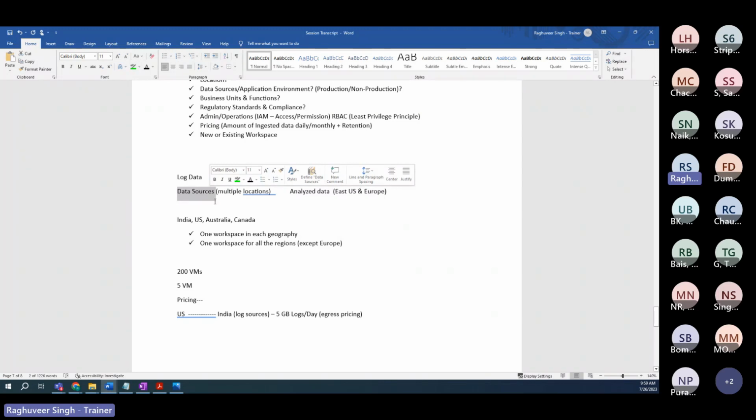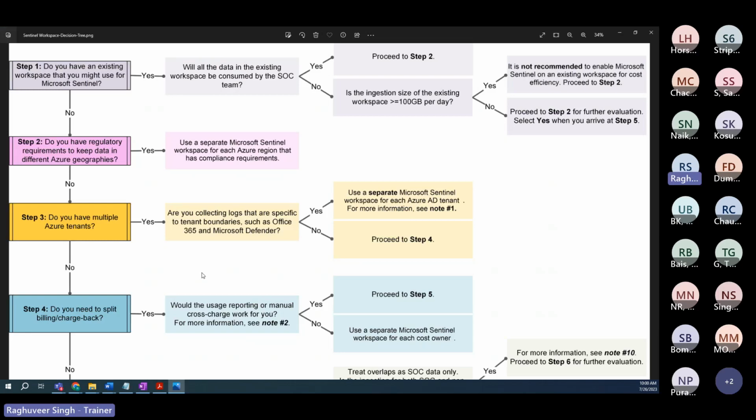So you need to keep that in mind. This is another decision that you need to take into consideration. So yes, if you are using a separate workspace for each Azure region that has compliance requirement, take into consideration the pricing factor and administrative overhead that you may end up building. So that's another decision that you need to make.